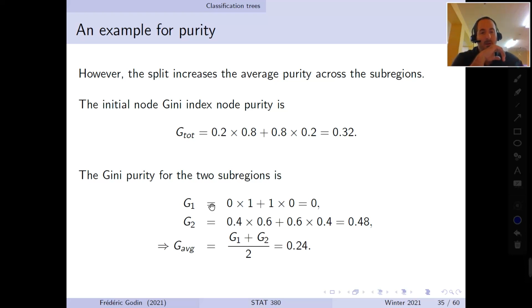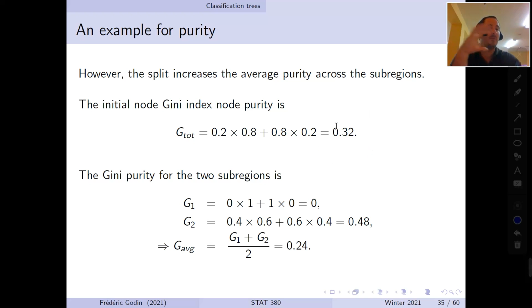So if we want to aggregate the Gini index between these two subregions, we multiply these by 50% and add them, so that the aggregate Gini index becomes 0.24. So we see that although the split doesn't impact the predictions at all, the split does reduce the aggregate Gini index.